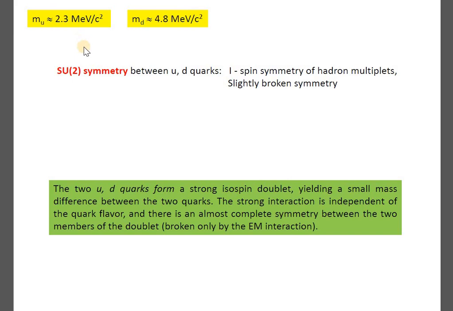So you can say that they are almost the same, and as a result we have an approximate SU(2) symmetry, or flavor symmetry, between the u and d quarks, also called isospin, I for isospin. Isospin symmetry, and we get various hadron multiplets.